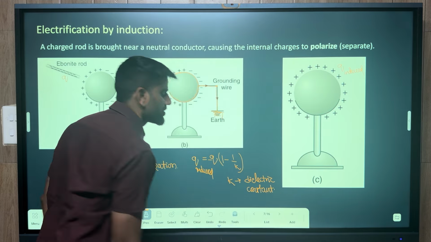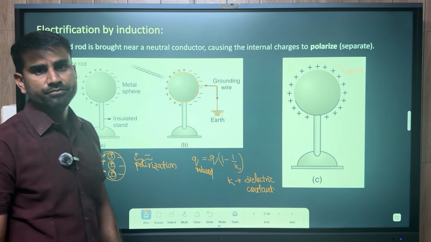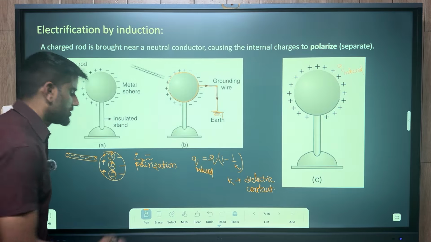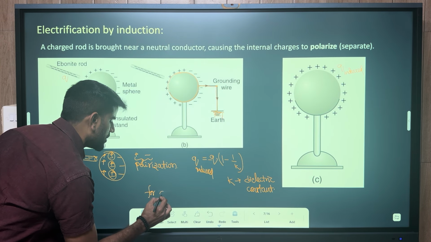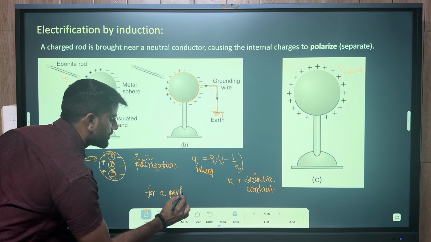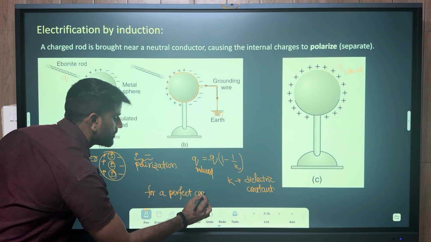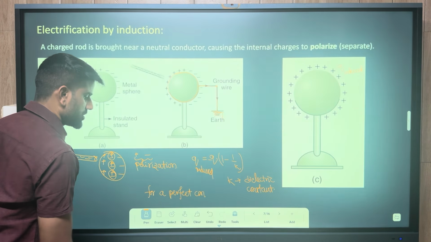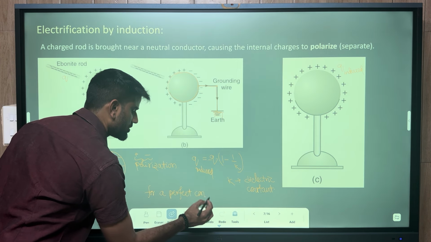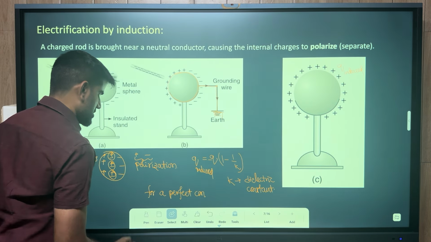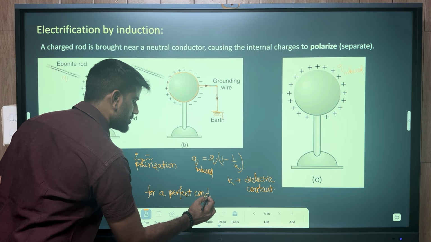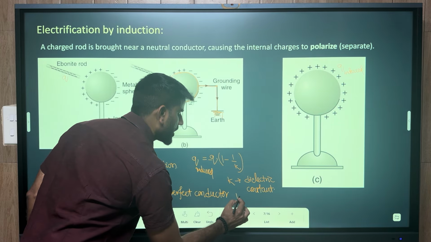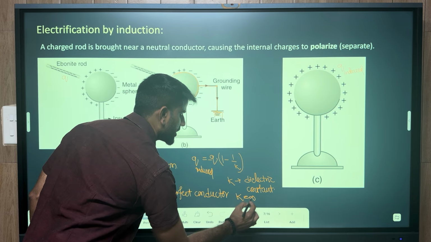For different mediums it is different. For a perfect conductor, this K is equal to infinity.